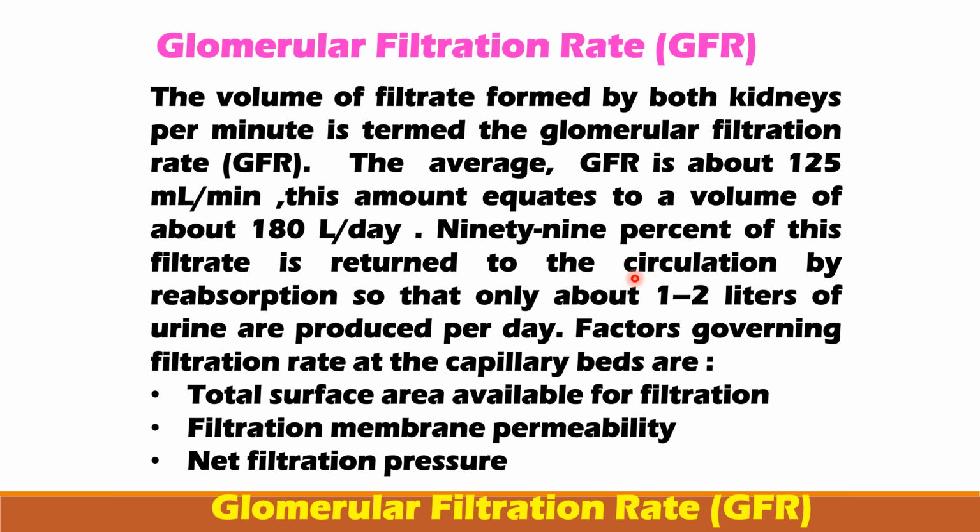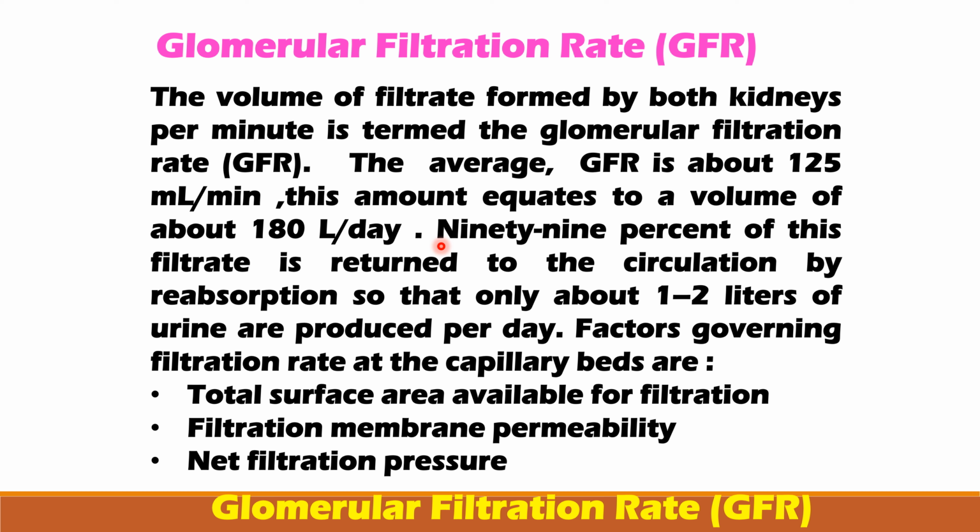Remember, every day our plasma is filtered 60 times in the nephrons of the kidney. How do we measure this? The average volume of the plasma in our body is 3 liters, and the average daily filtrate is 180 liters per day.